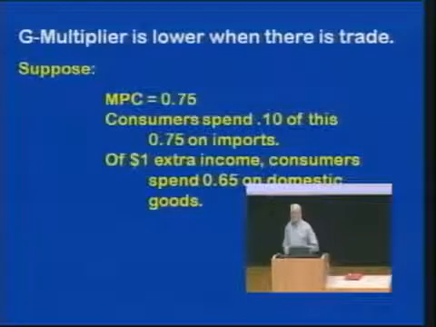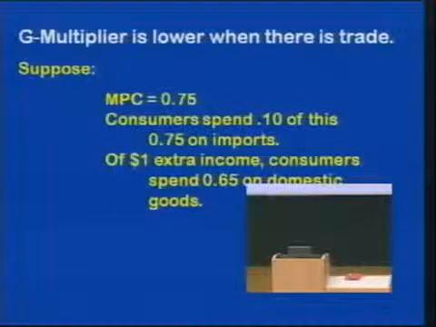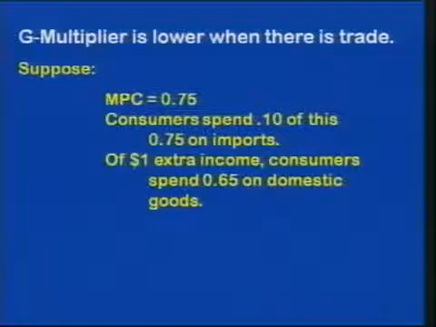For example, using the long example we've been having before, if people have a marginal propensity to consume of 0.75, we had previously calculated the multiplier to be 4. But what if instead of spending all 75 cents of a dollar on domestic goods, people spend 10 cents of it on foreign goods?